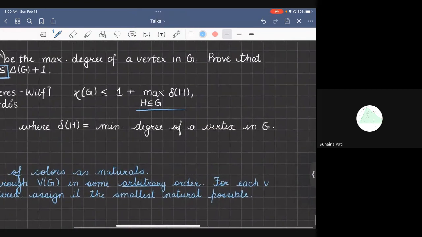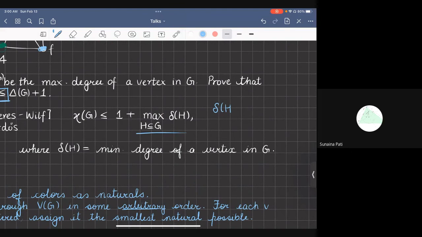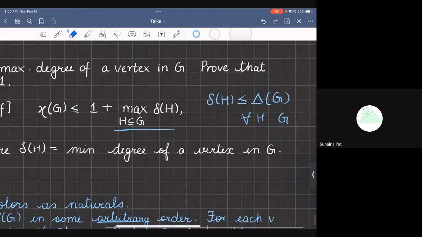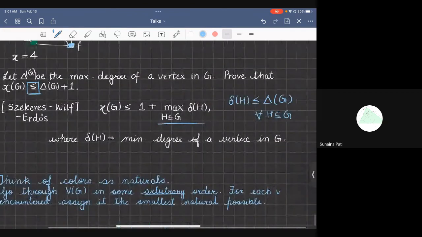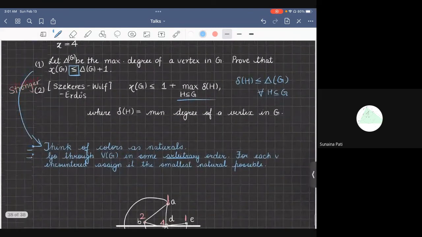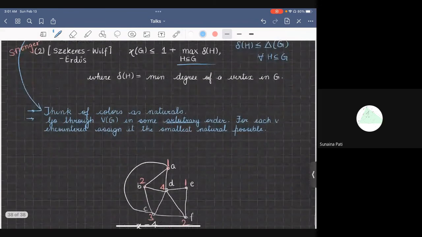So it is true that delta H is at most capital delta G for all H that are subgraphs of G. But it may be true that for any such subgraph, little delta H is strictly less than capital delta G, in which case the second thing is a stronger bound, right? How is that possible?